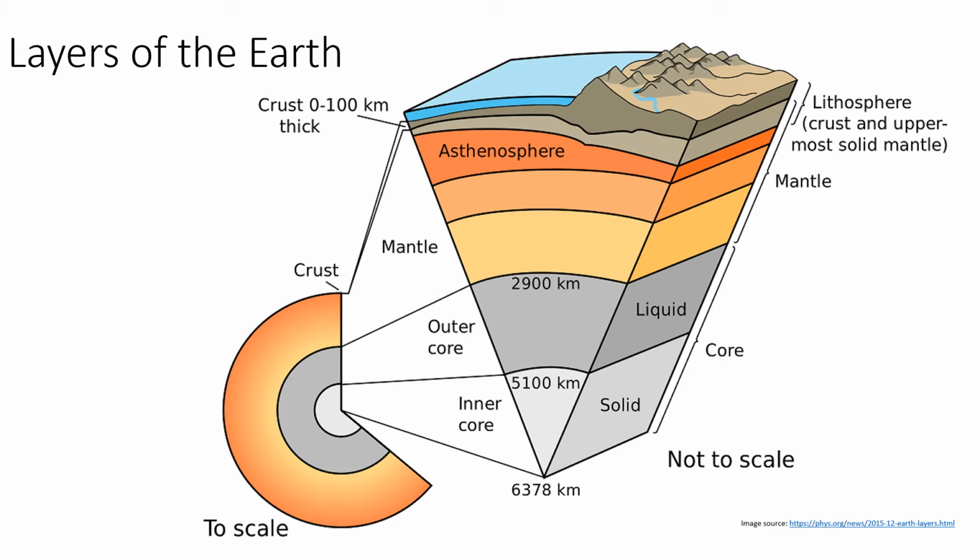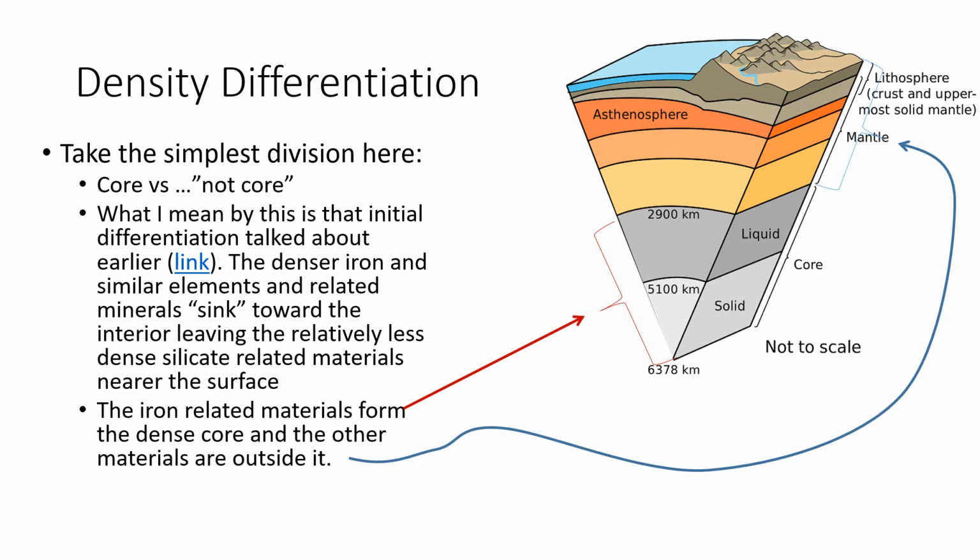So we're talking about plenty of room, and we can think of the simplest differentiation here as the core of the planet versus everything else. So we will talk about certain kinds of elements, think about iron and related elements sinking towards the center, towards the core. They build up in the core, and then everything else is left in what I'm calling on this slide not core, or more precisely the mantle and crust of the planet.